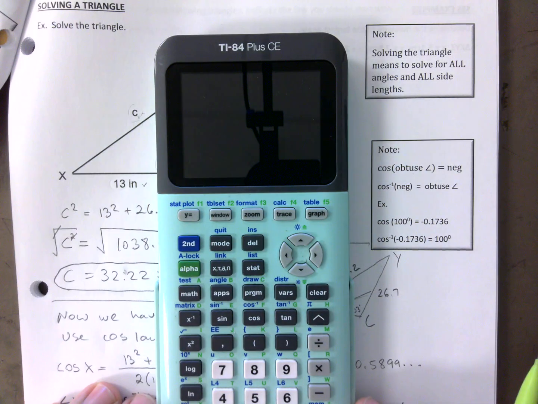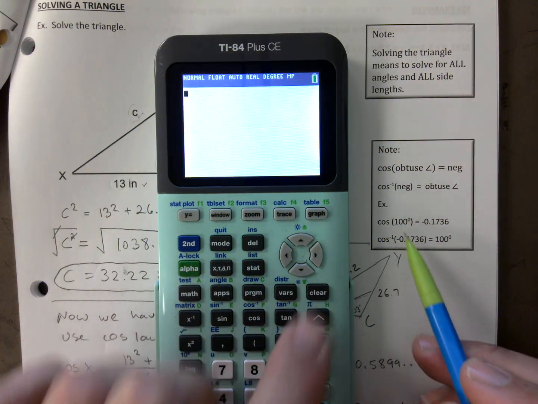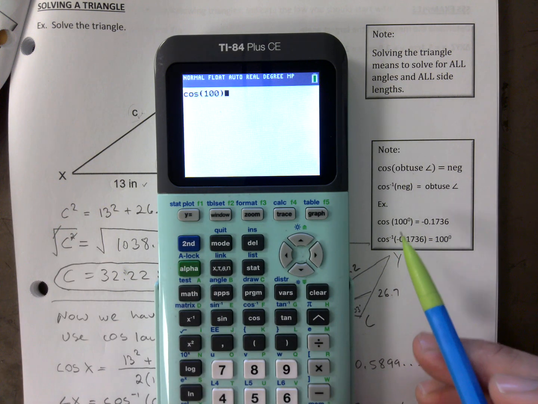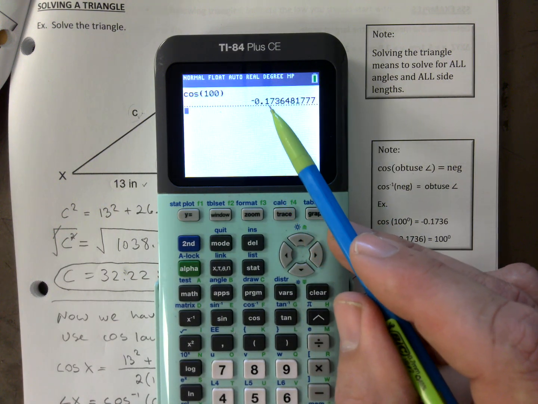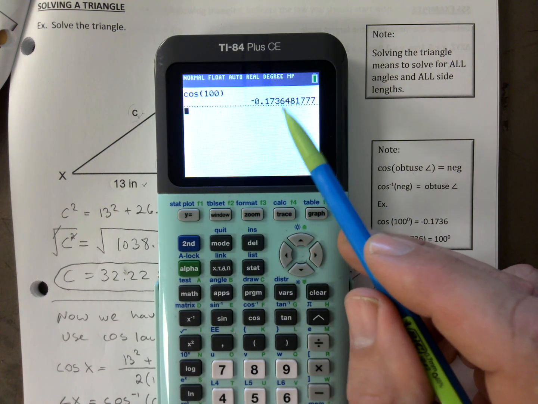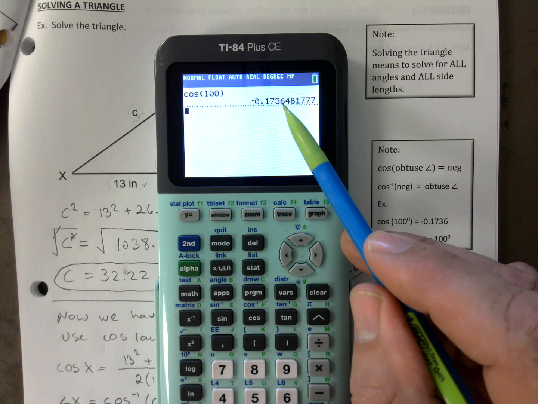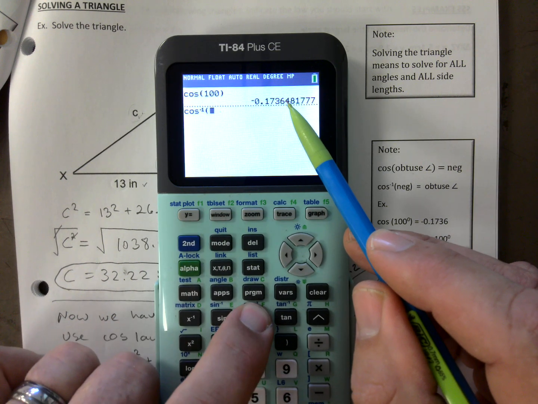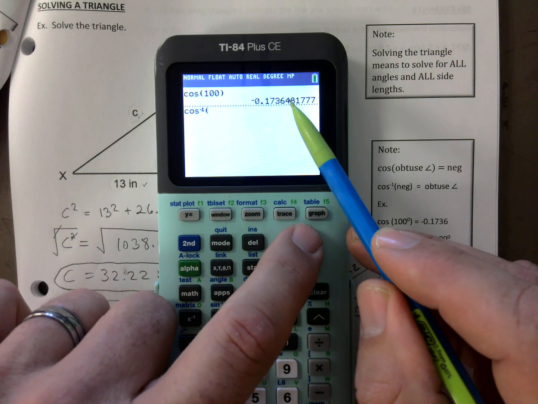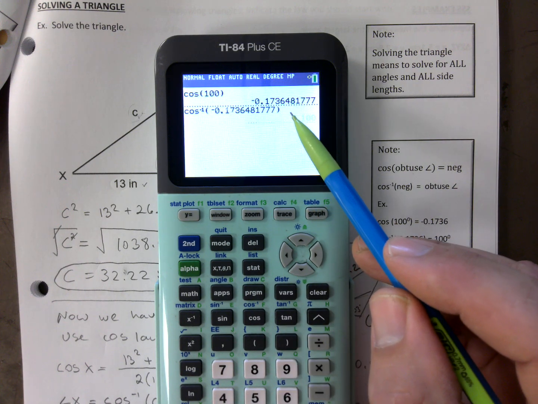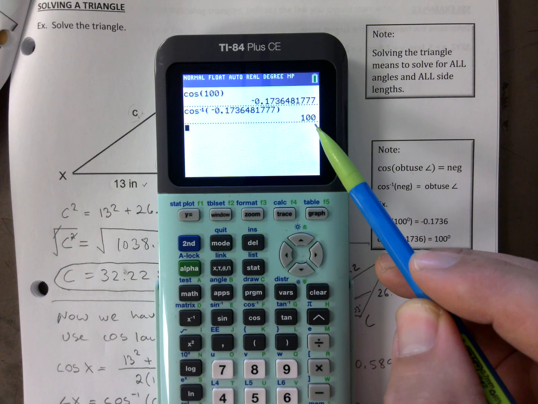So if you were to go cosine of, let's say, 100 degrees, you're going to get a negative value. That's okay. Don't fear it, okay? Same thing. Let's try to take the inverse of this. So if we were to go second cosine to call the inverse and then paste that in, you should get back to 100 degrees, right?